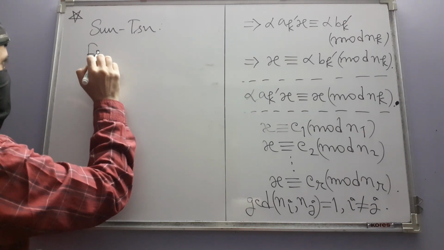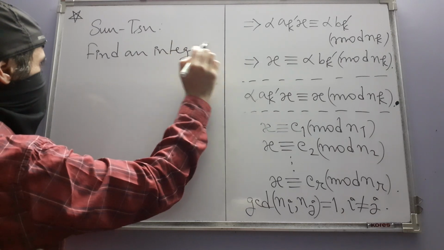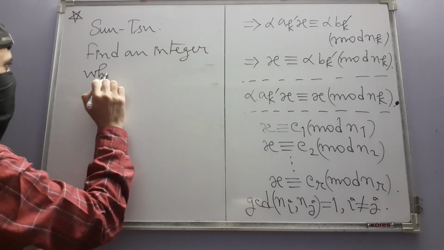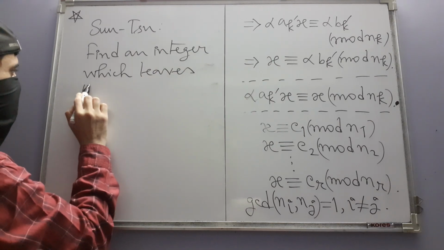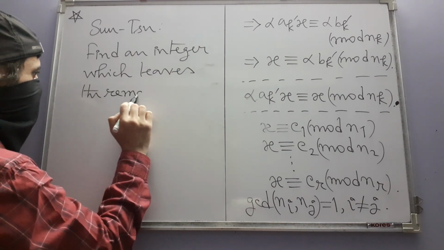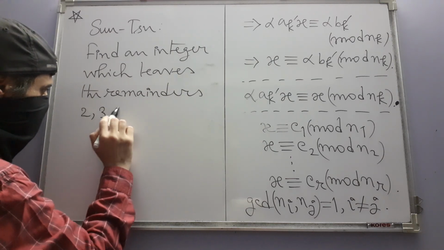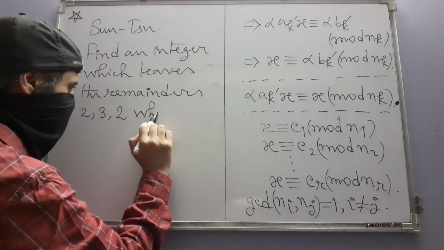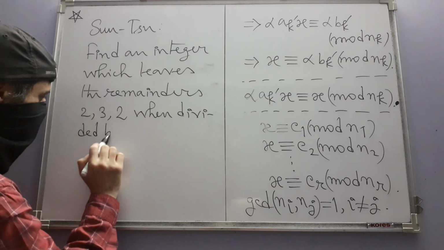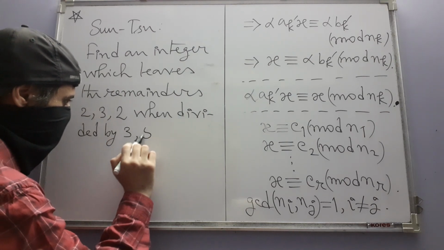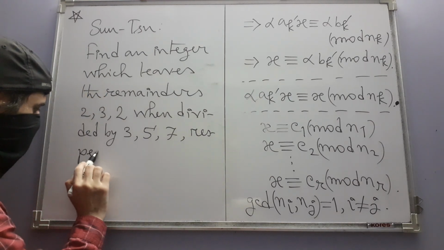Find an integer which leaves the remainders 2, 3 and 2 when divided by 3, 5 and 7 respectively.